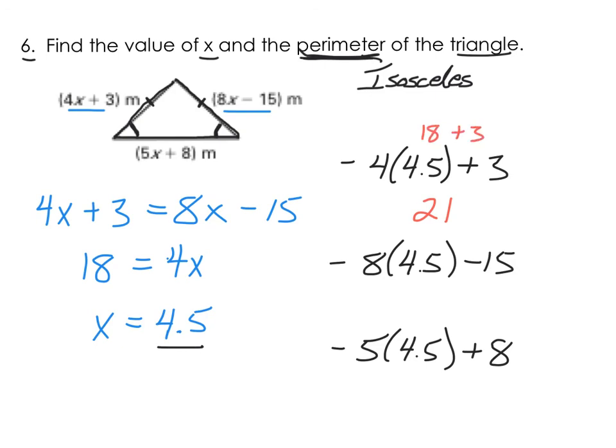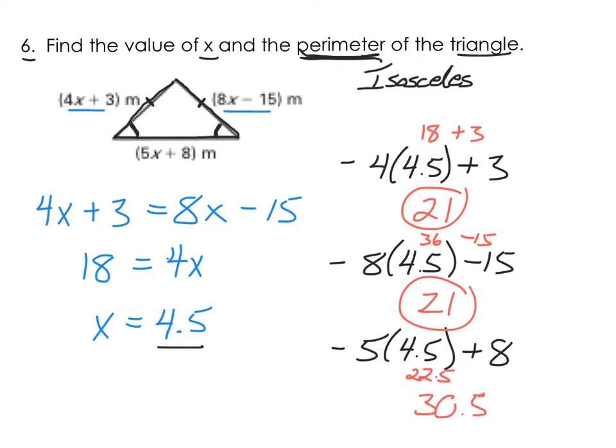Then it looks like we're going to have 36 minus 15, which is going to give me 21 again. So those two are the same. And then for the last one, it looks like we're going to have 22.5 plus 8, which is going to give me 30.5.